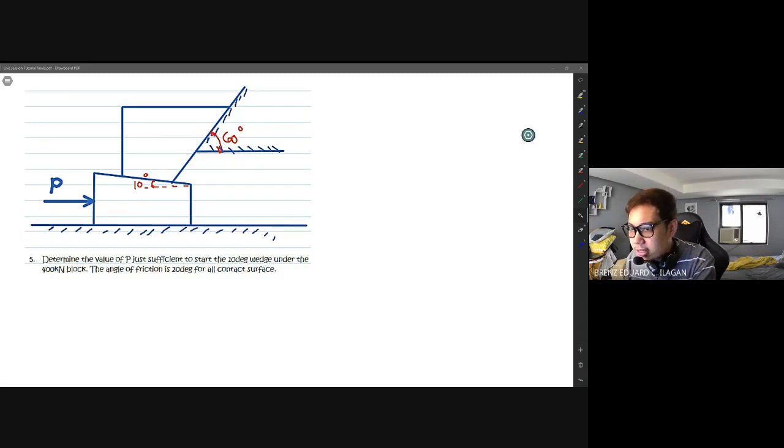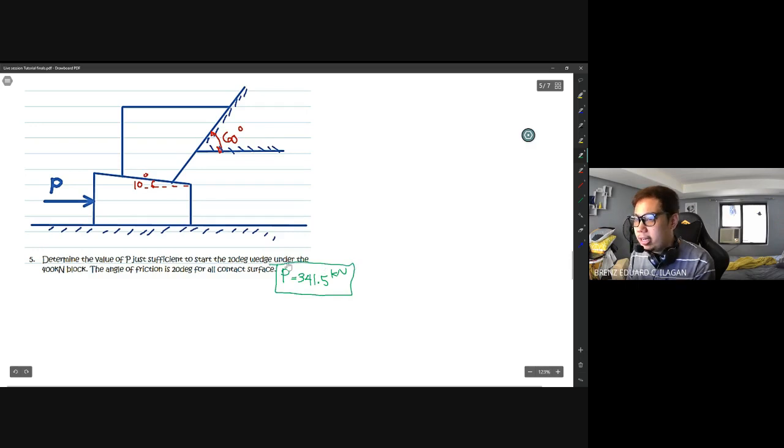So, ang lalabas na sagot for P dito is 341.5 daw. Pero hindi siya eksaktong 341.5 ha, kasi 2 decimal places lang yung ginagamit nila. So, again, practice nyo na 4 decimal places para at least mas accurate.